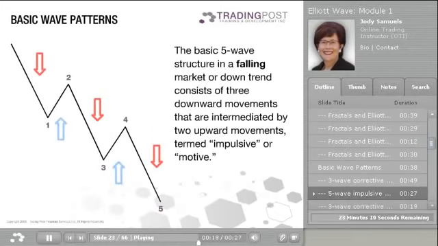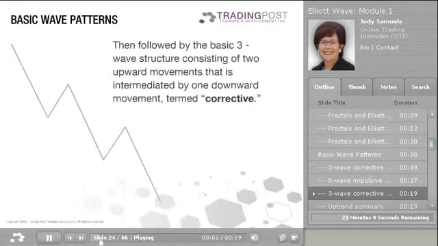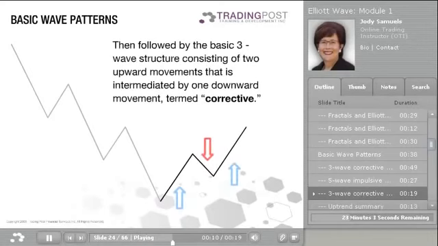Just as in an uptrend, a complete five-wave pattern moving downward is termed impulsive or motive. Then it is followed by the basic three-wave structure consisting of two upward movements that is intermediated by one downward movement, termed corrective. The correction is lettered A, B, and C.